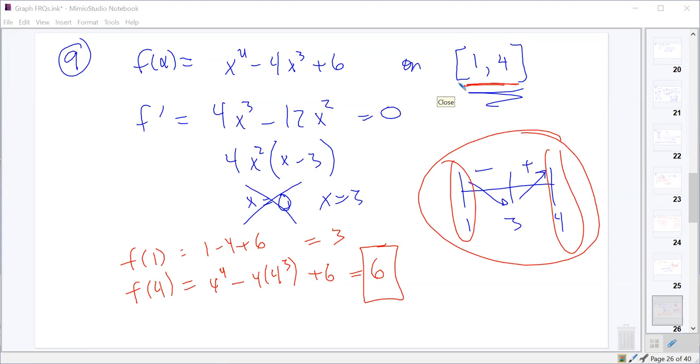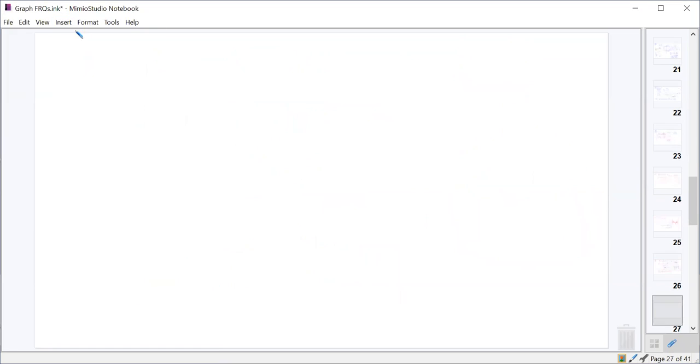All right. Next one is number 12. So number 12, we got sine x equals natural log of y. So if sine of x equals natural log of y for x between 0 and pi.